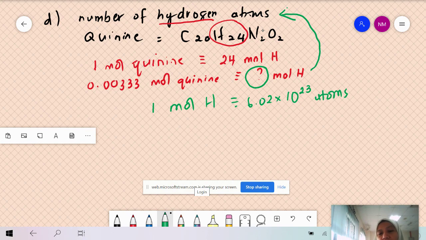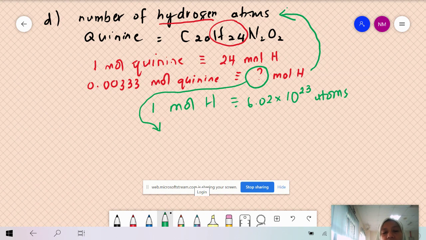Now you can substitute this here. We know the number of mole and we want to calculate the number of hydrogen atoms. Are we okay?